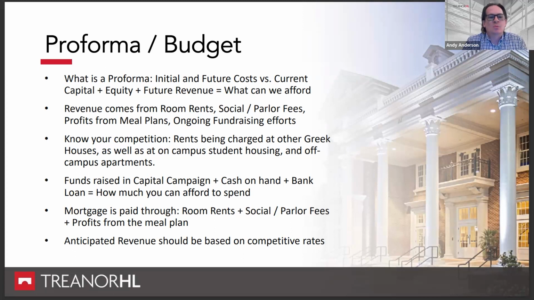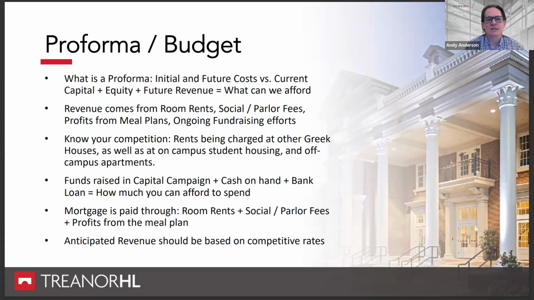But the other way that you can really take a hard look at your revenue is looking at your competition. A lot of groups, fraternity groups, feel like they have to give bottom barrel rents just to get people to live in the house. But if you're planning on doing a major renovation or building a new house, hopefully you're creating a facility that's on par in terms of quality and amenities with other options out there.